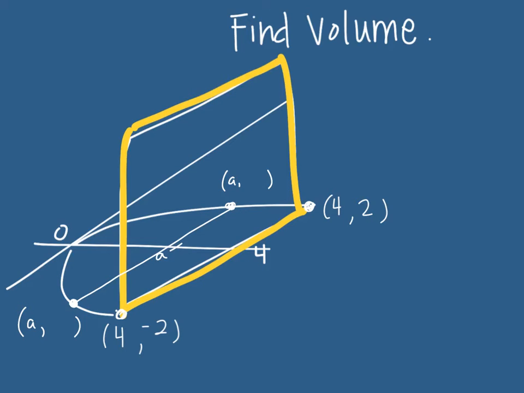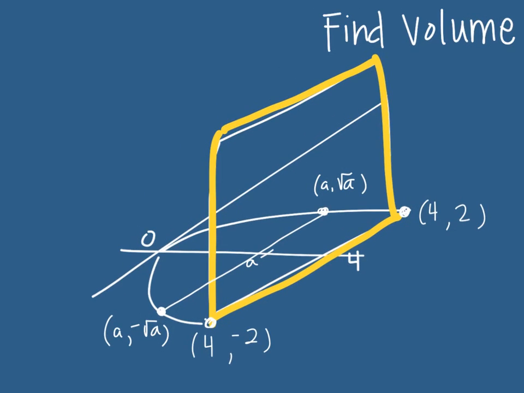The coordinates are root A and negative root A. If you're not sure about that, remember this is the parabola x equals y squared, which is also y equals plus or minus root x. That's where I'm getting plus or minus root A from.